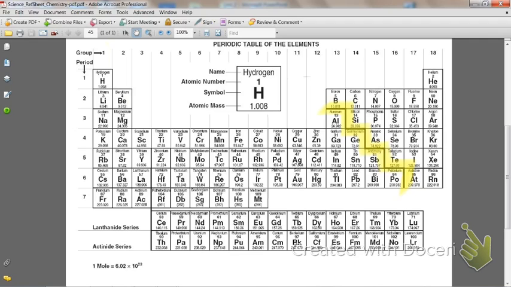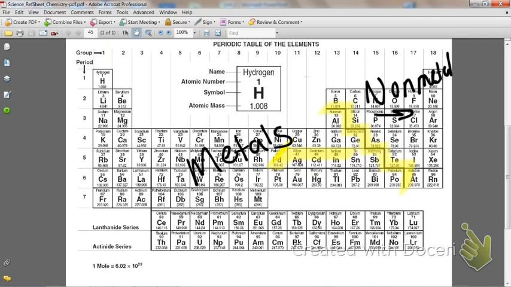So everything that is left of this line right here are known as the metals. And everything to the right of this line are the non-metals. Okay? And it will be important that you know where the metals are, where the non-metals.